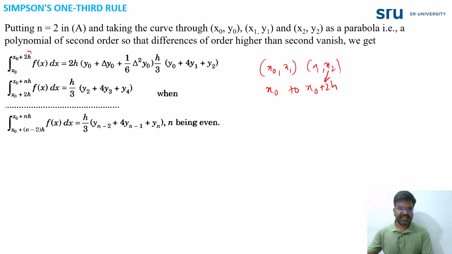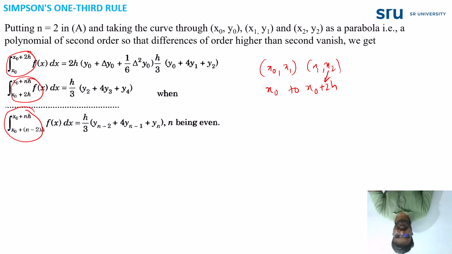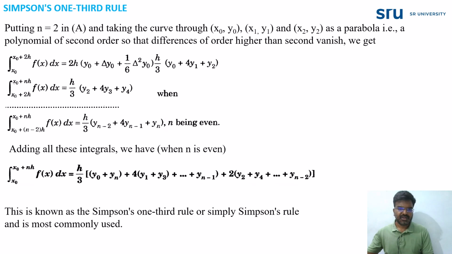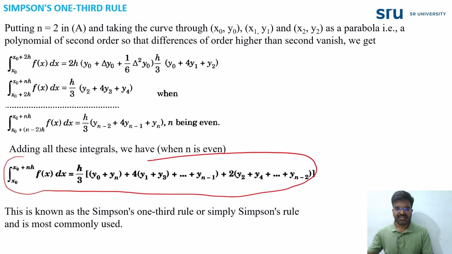You can see the first integration. Similarly, this is the second integration. If we continue this, this is the final integration. Every time we use two subintervals for integration. So by adding all these integral values, we can find the total integration of the function from a to b. This one is called Simpson one-third rule.